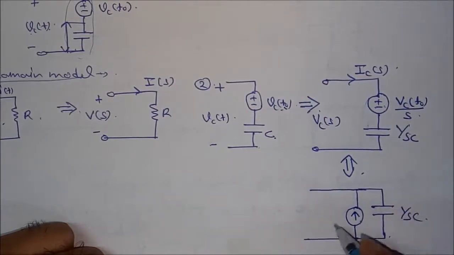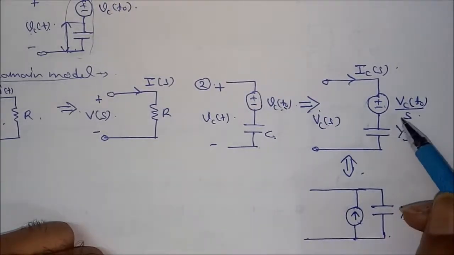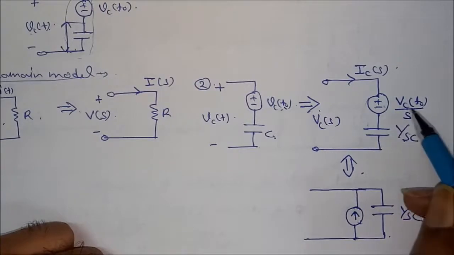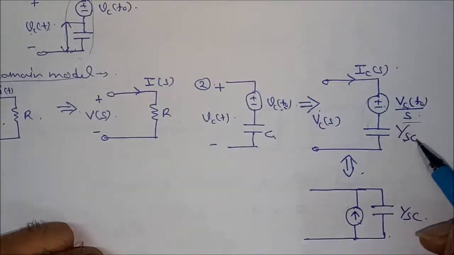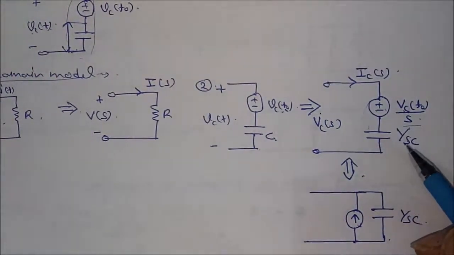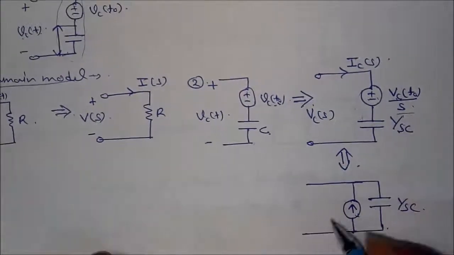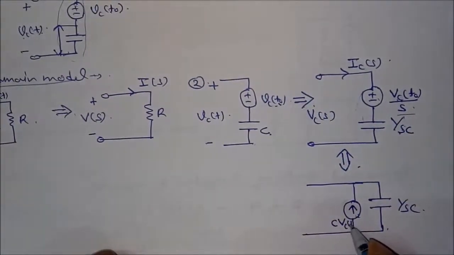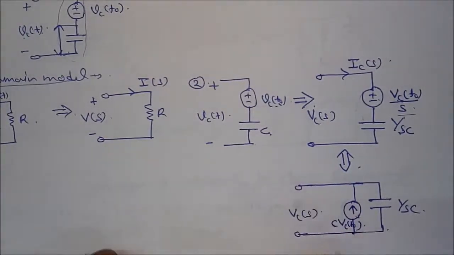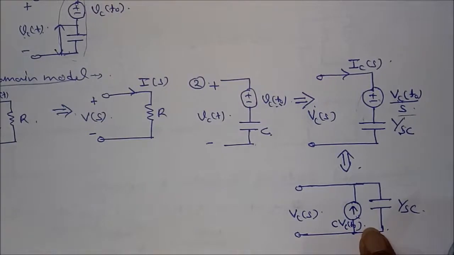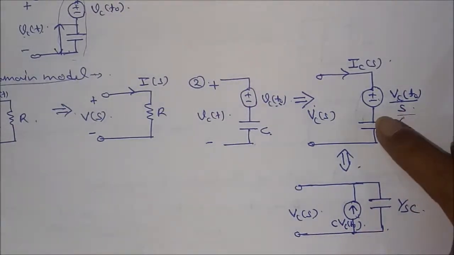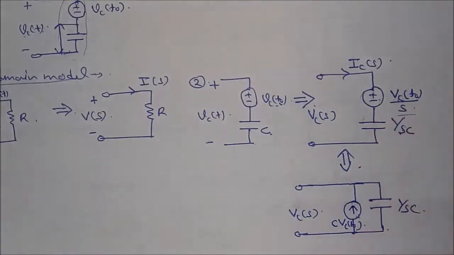This value will become voltage divided by impedance, this voltage divided by 1 by SC. If I do that I get C into V_C(t naught), and this one is V_C(s). This is the equivalent current model in the Laplace domain, and the earlier one is the equivalent voltage model.